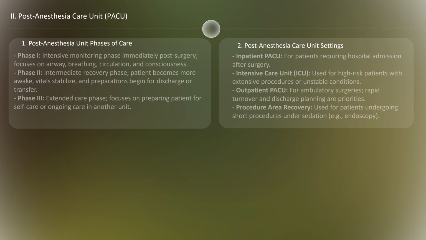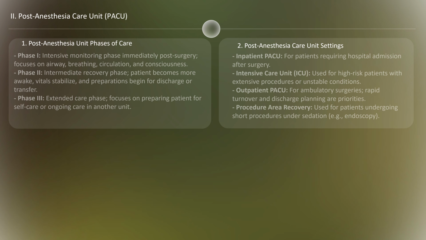The post-anesthesia care unit settings are the inpatient PACU for patients requiring hospital admission after surgery; the intensive care unit, ICU, used for high-risk patients with extensive procedures or unstable conditions; and the outpatient PACU for ambulatory surgery, where rapid turnover and discharge planning are priorities.